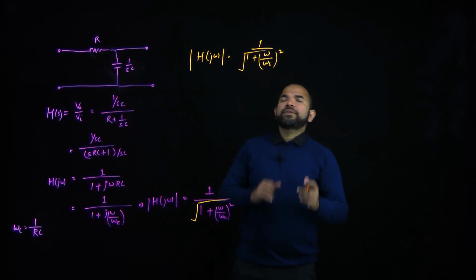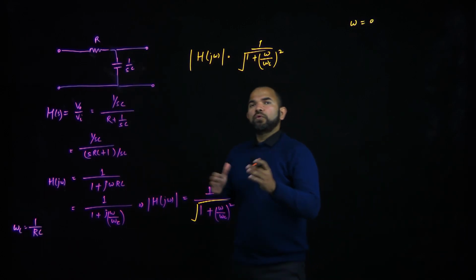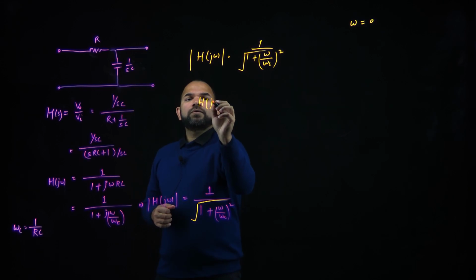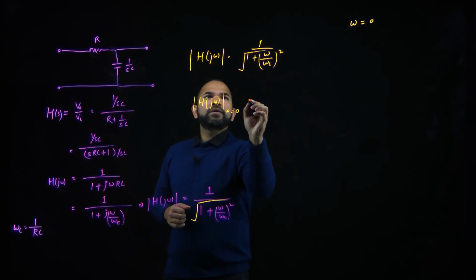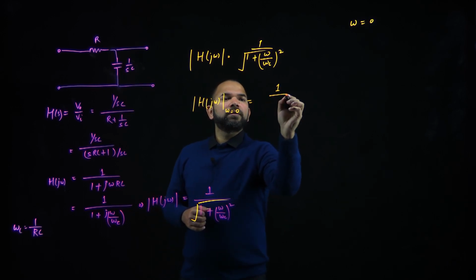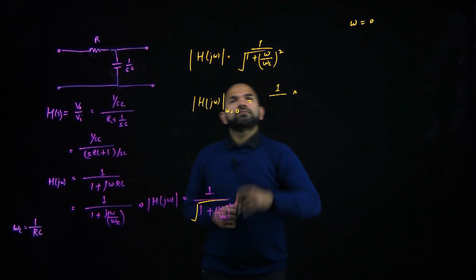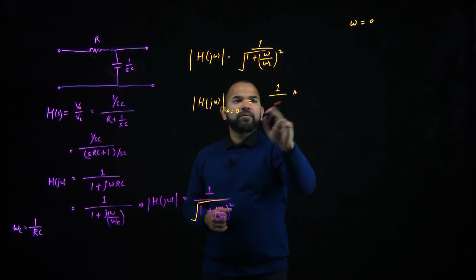If we observe this, suppose omega equals 0, so low frequency. If we solve this, H of j omega for omega equal to 0 is going to be 1. This term is 0, everything is 1, and 1 divided by 1 is 1.